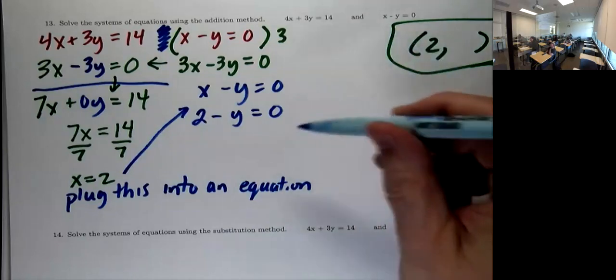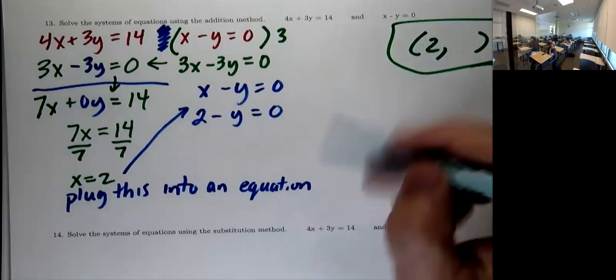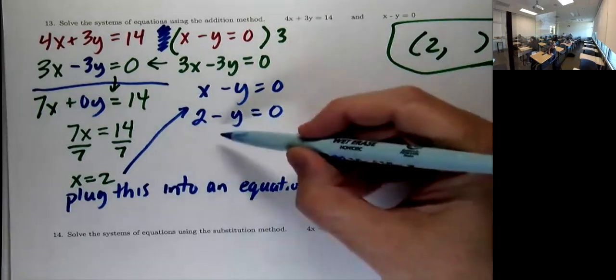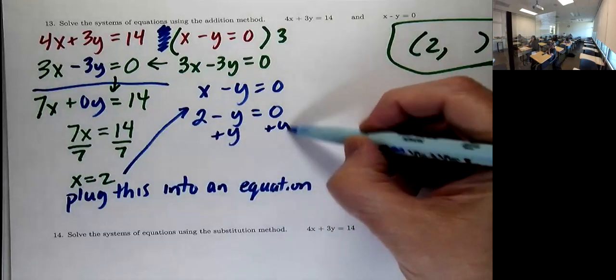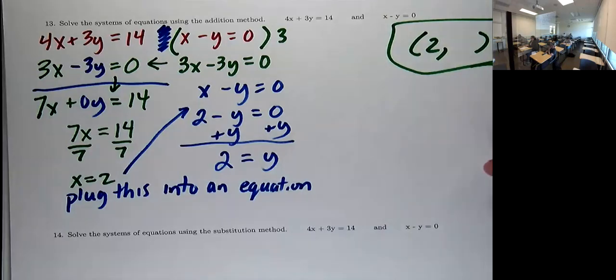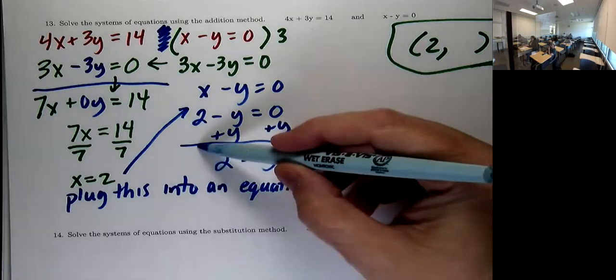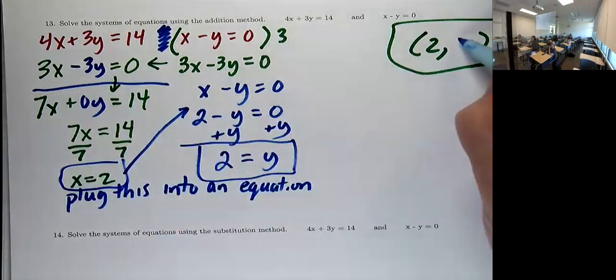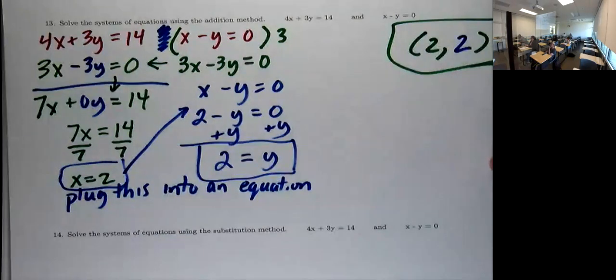My goal is to get y by itself. I can either subtract 2 and then deal with this negative later, or I can just add y to both sides right now. And I get 2 equals y. Which means that's my other value. The point is (2, 2).